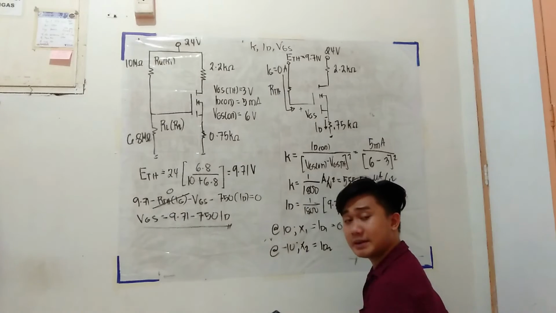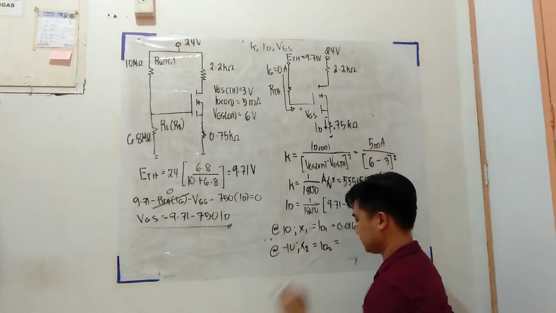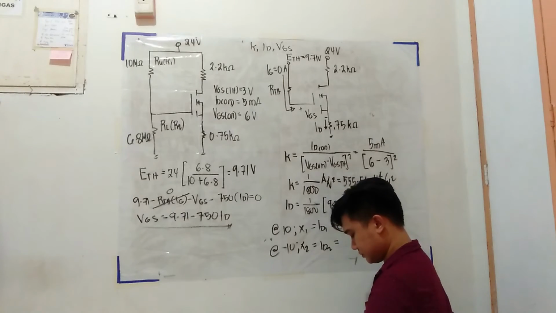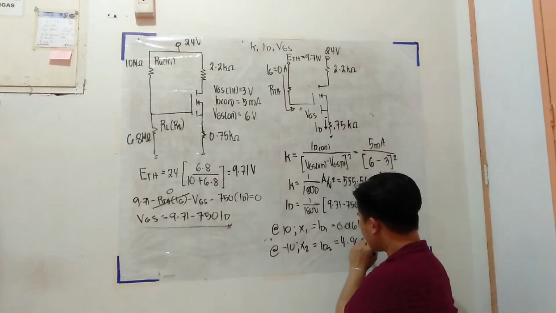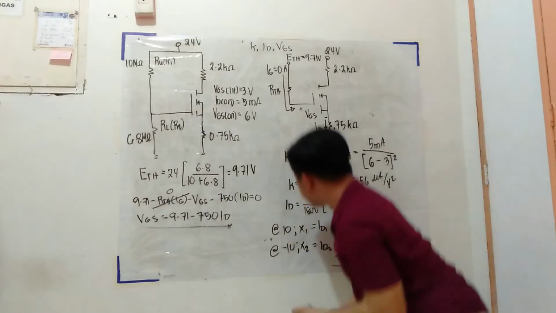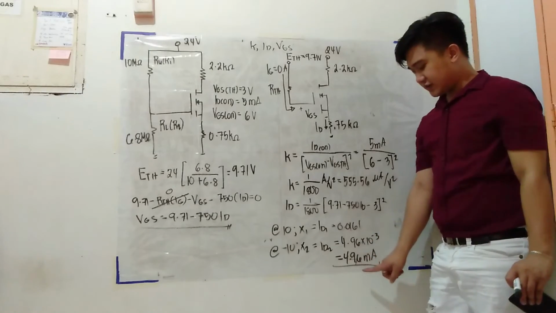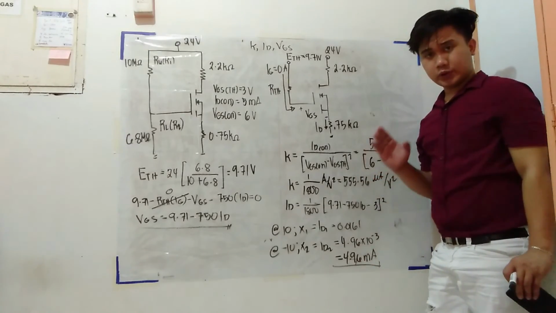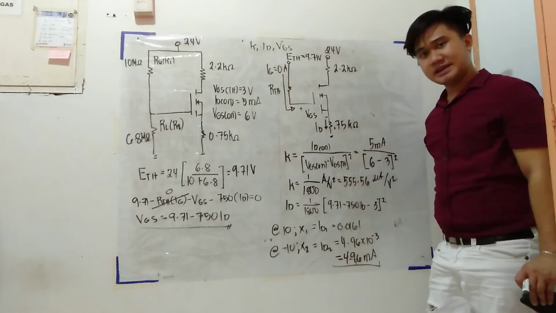So let's check naman paano kapag at x equals negative 10. 4.96 times 10 raised to negative 3, or simply 4.96 milliamperes. So, between these two values, this is 16.1 milliamperes versus 4.96. You will always choose the one which is lower. And that is 4.96 milliamperes.